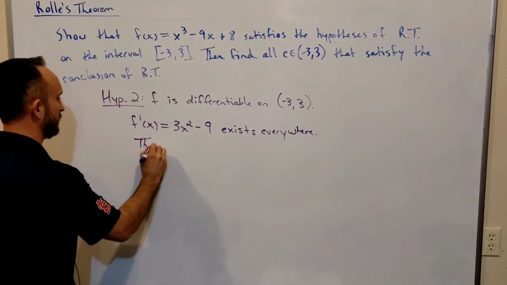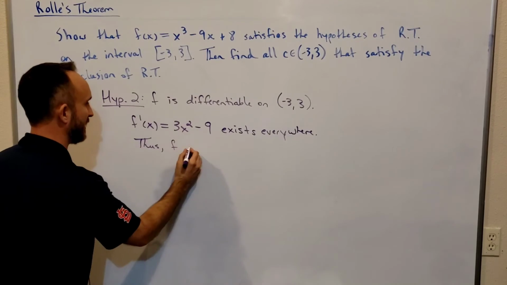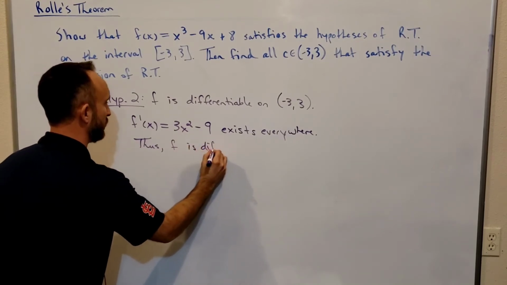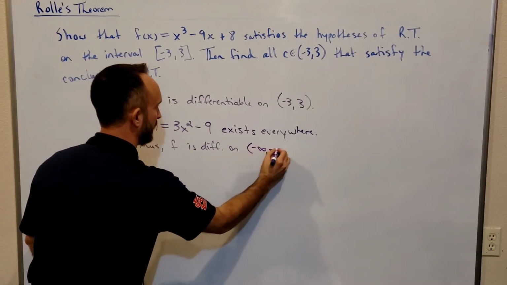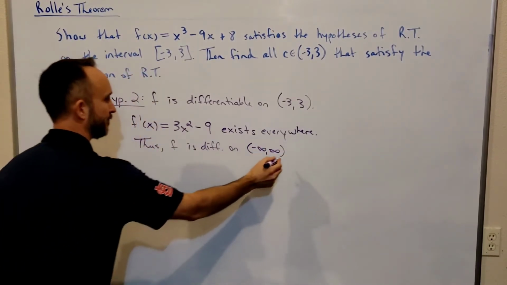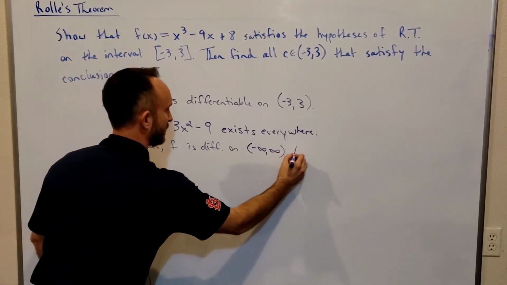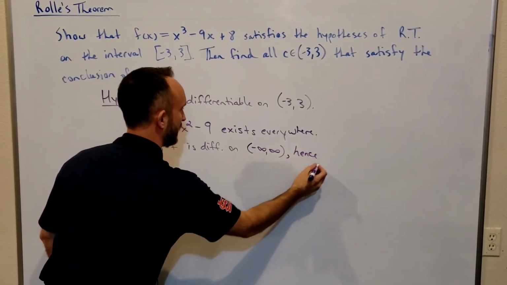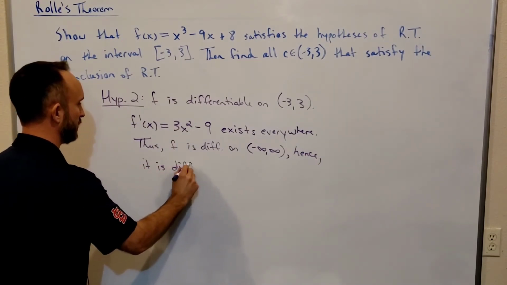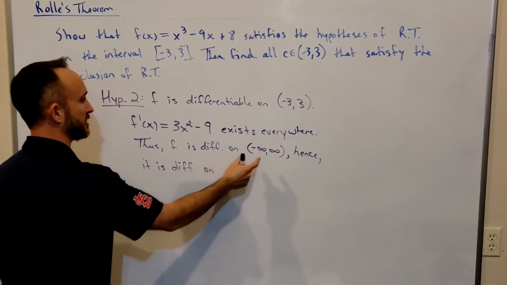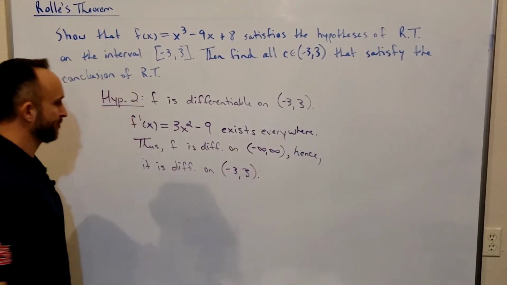Thus, since the derivative exists everywhere, we could say f is differentiable everywhere, or from negative infinity to infinity. Hence, it is differentiable on the smaller interval, negative 3 to 3.